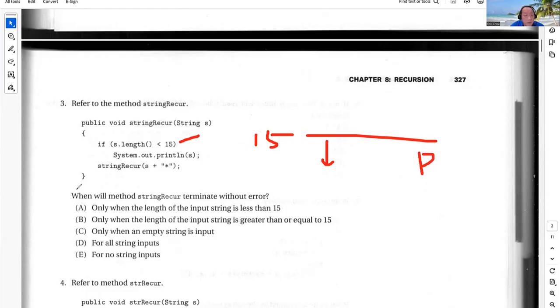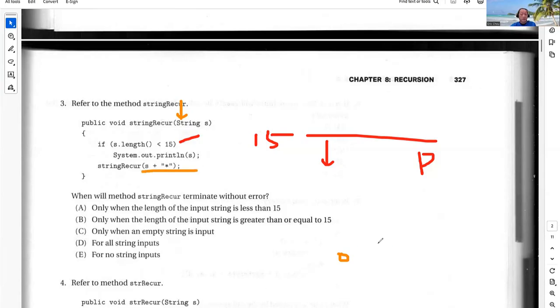Let's assume that we start from 0 characters. What will happen if you start from 0 characters? Nothing will be printed. No, you have to trace it.